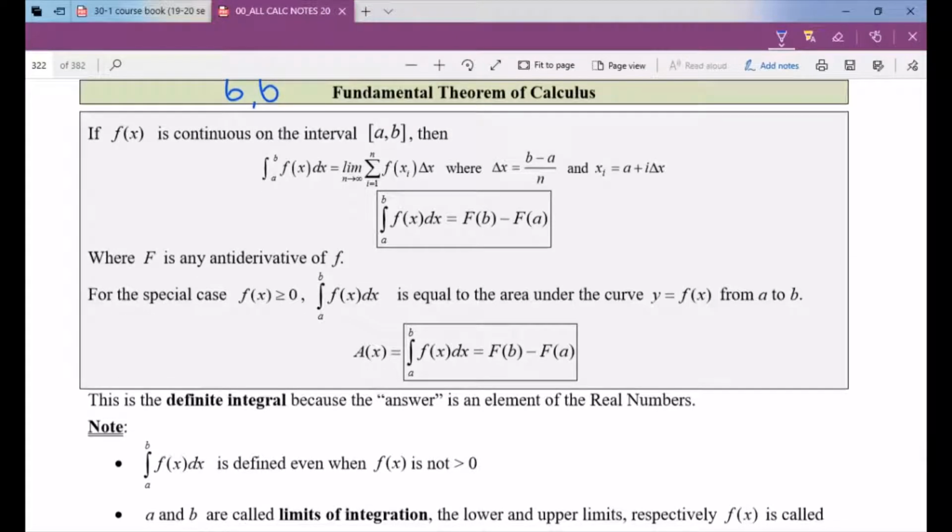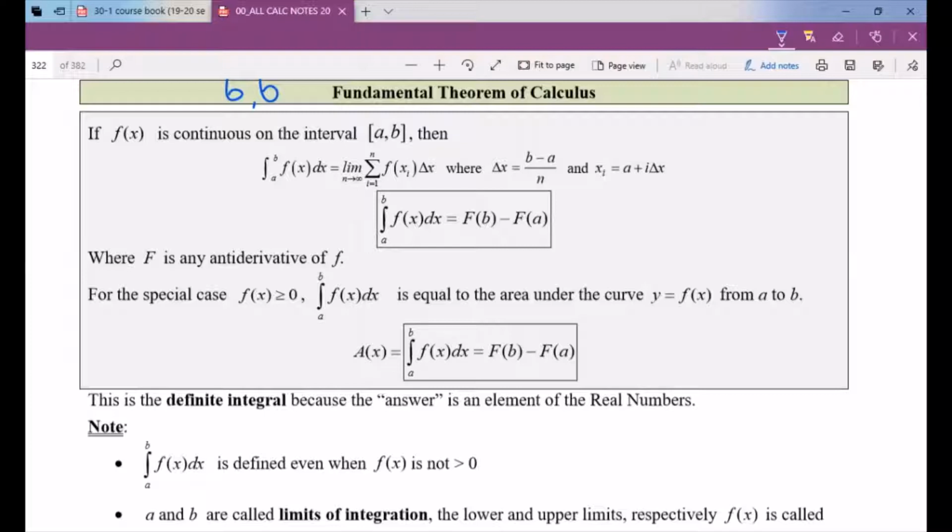So there's a few things going on in here. It says f of x is a continuous function on the interval from a to b. So a is to the left and b is to the right, and this function is defined and it's continuous through that whole thing.